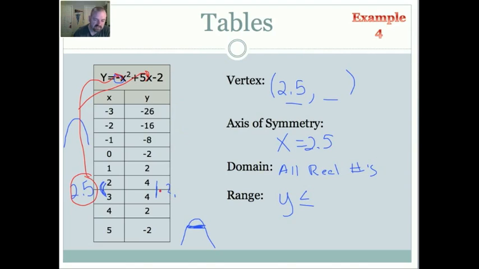Now realize when you do it, you're going to get a number that should be a little higher than this. Not a lot higher, it should be somewhere between 4 and 5. If you calculate and you get 2.3, or you get negative something, you've calculated incorrectly. It's got to be around this number. And when you put the 2.5 in there, what you're actually going to come up with is 4.25, which means your range is going to be y is less than or equal to 4.25.